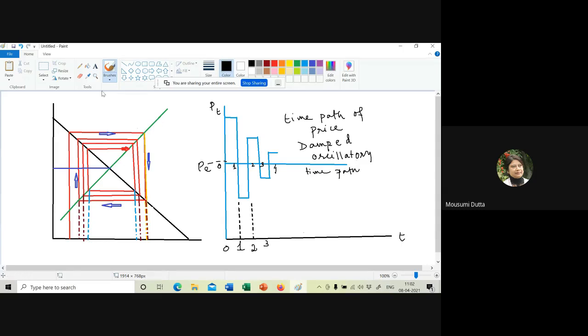And this is called the cobweb model, where equilibrium is dynamically stable.